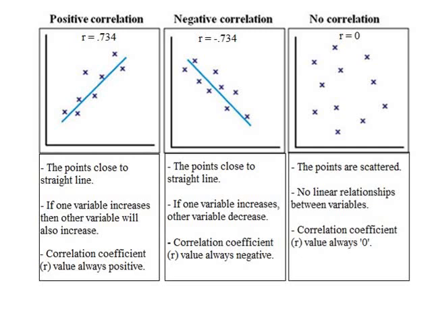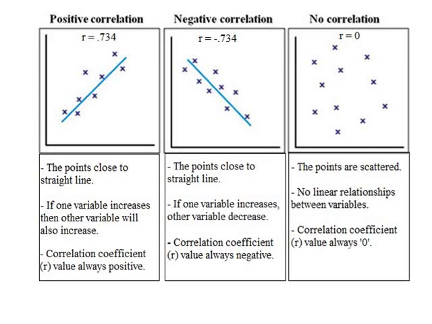We have three correlation coefficients, that is positive correlation, negative correlation, and no correlation. In positive correlation, the points are close to a straight line. If one variable increases, then the other variable will also increase. Correlation coefficient value will always be positive.